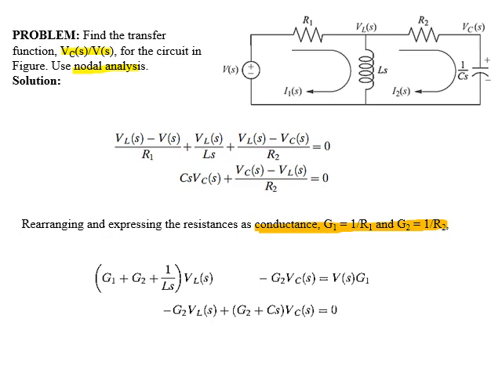Before applying nodal analysis, we'll assume that the node at which we are going to apply nodal analysis is at a higher potential than all other nodes. We'll apply nodal analysis at node V(s) and obtain the first equation of the system, and then we'll apply nodal analysis at node Vc(s) to obtain the second equation of the system.